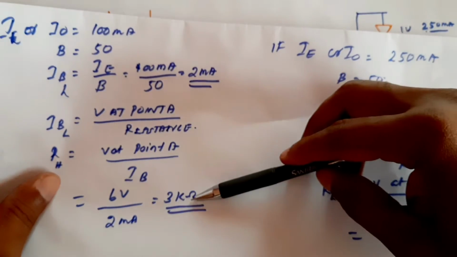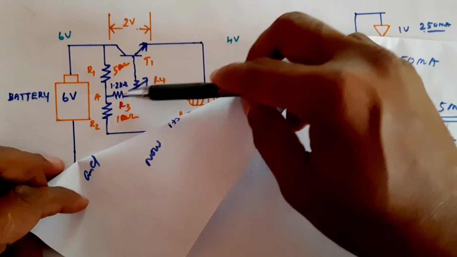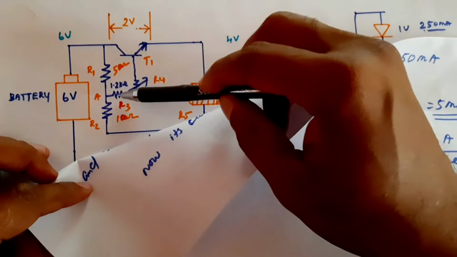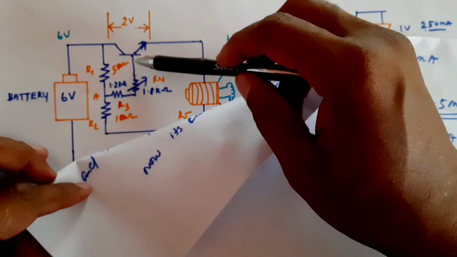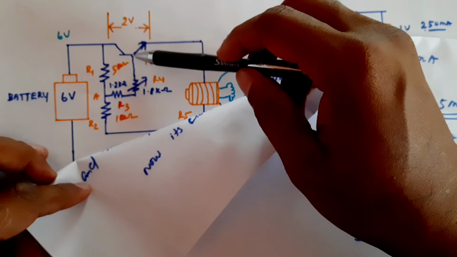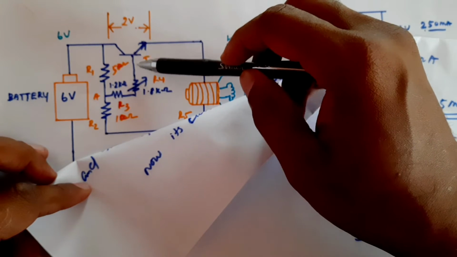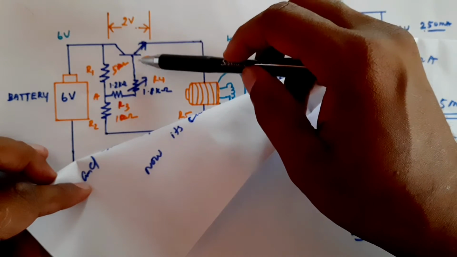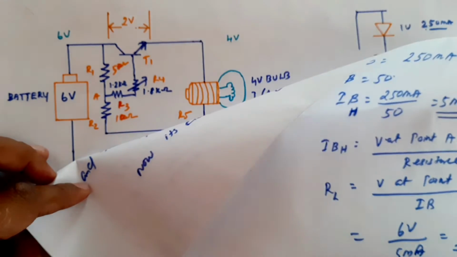The voltage at point A is 6 volts and we have to get 2 milliamperes of current, so the resistance should be, when calculated, 3 kilo ohm. When we use a 3 kilo ohm resistance, we get 2 milliamperes of current to the base, and the output current is beta times, that is 50 times. 2 into 50, 100 milliamperes flows through this.